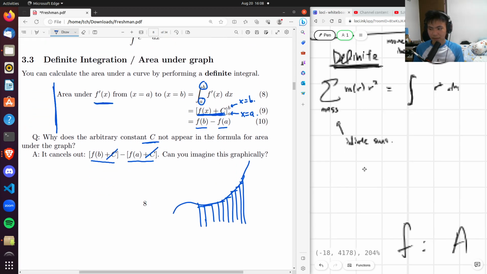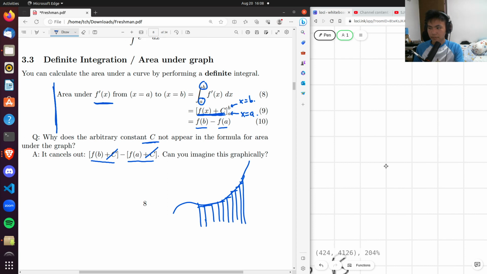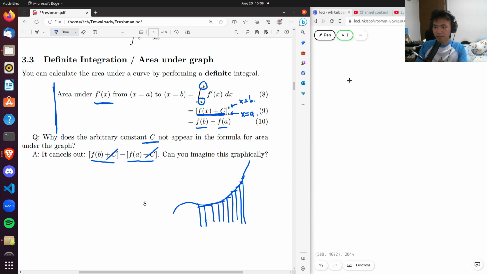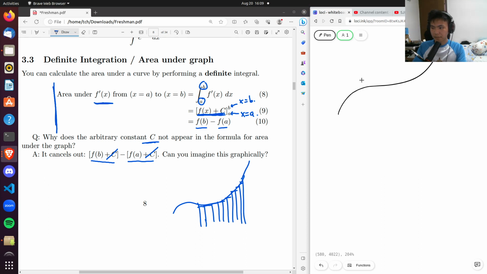So the answer is that when we imagine the area under a graph, let's say I have y equals x, and we know that the integral of y equals x is half x squared.